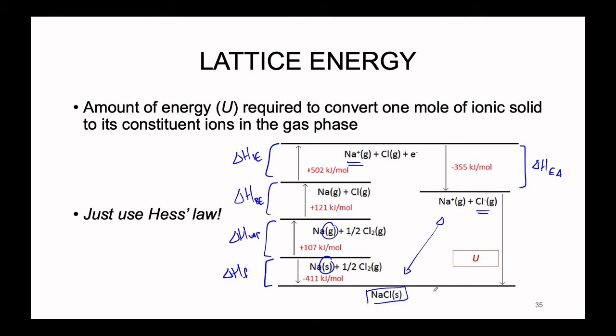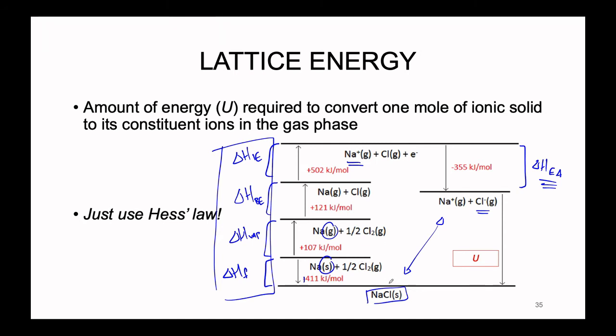Because the energetic levels are presented here, we can pretty easily visually see what we need to add and subtract. We need to add together all of these enthalpies to give us this net height, and then we're going to subtract out the enthalpy for our electron affinity. So we're going to take a positive 411 kilojoules per mole, positive because we reversed the direction.